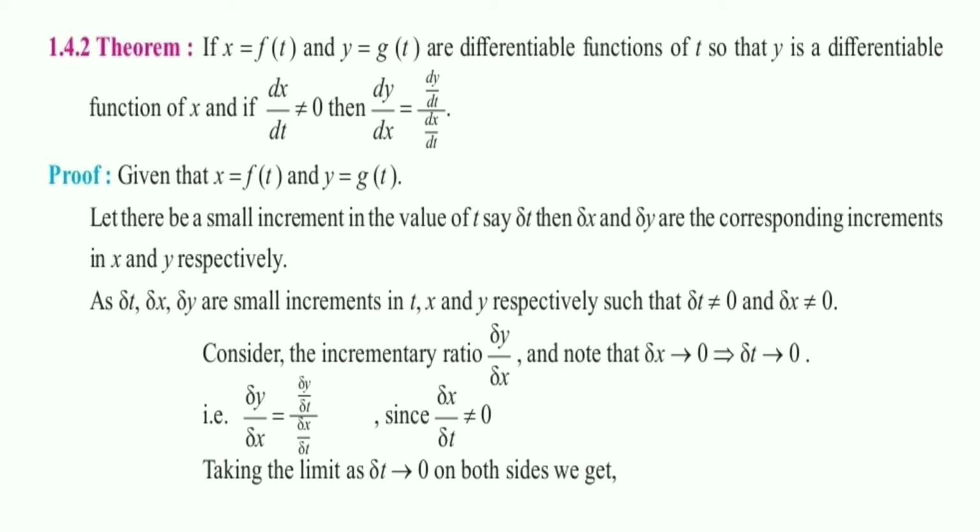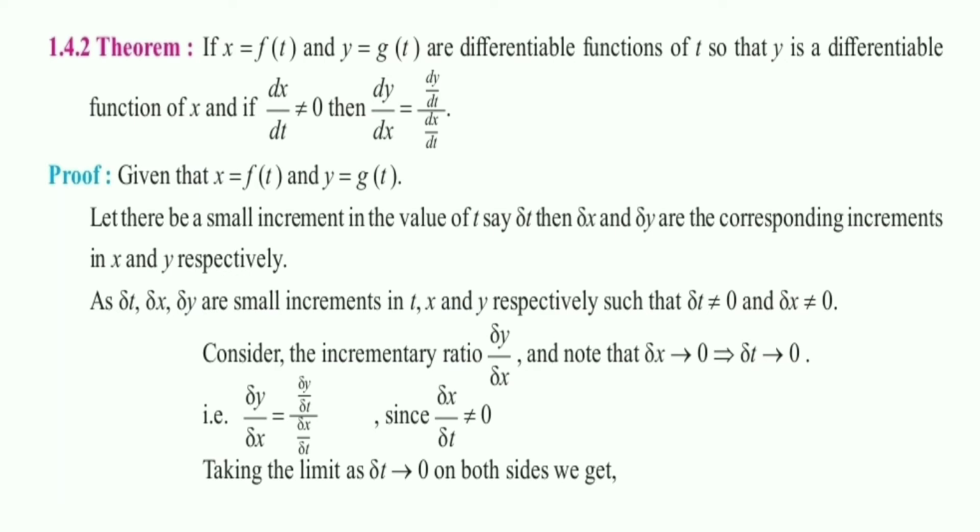As delta t, delta x, delta y are small increments in t, x and y respectively, such that delta t is not equal to 0 and delta x is not equal to 0. Consider the incremental ratio delta y upon delta x, and note that delta x tends to 0 implies delta t tends to 0. That is, delta y upon delta x equals delta y upon delta t upon delta x upon delta t, since delta x upon delta t is not equal to 0.